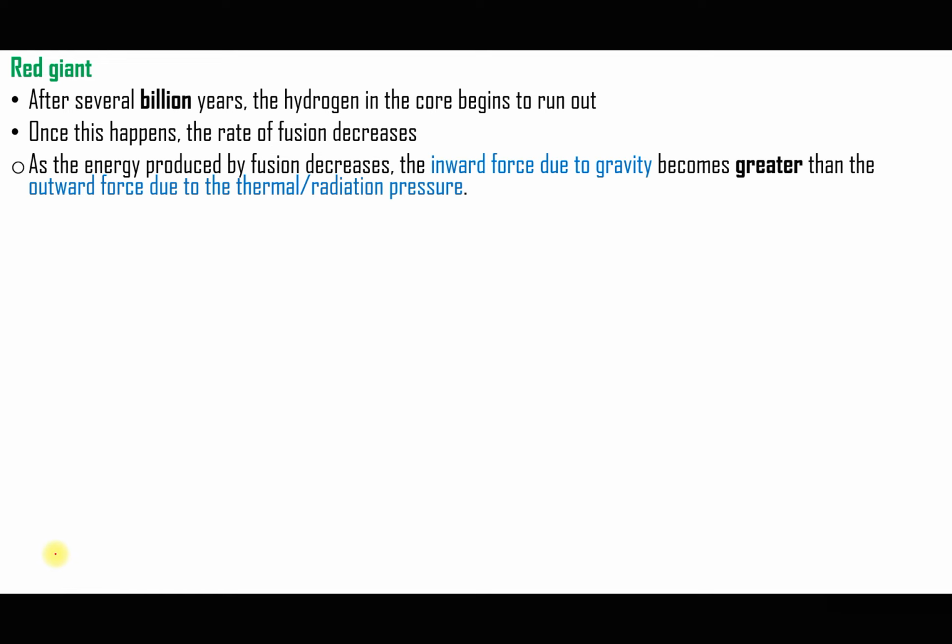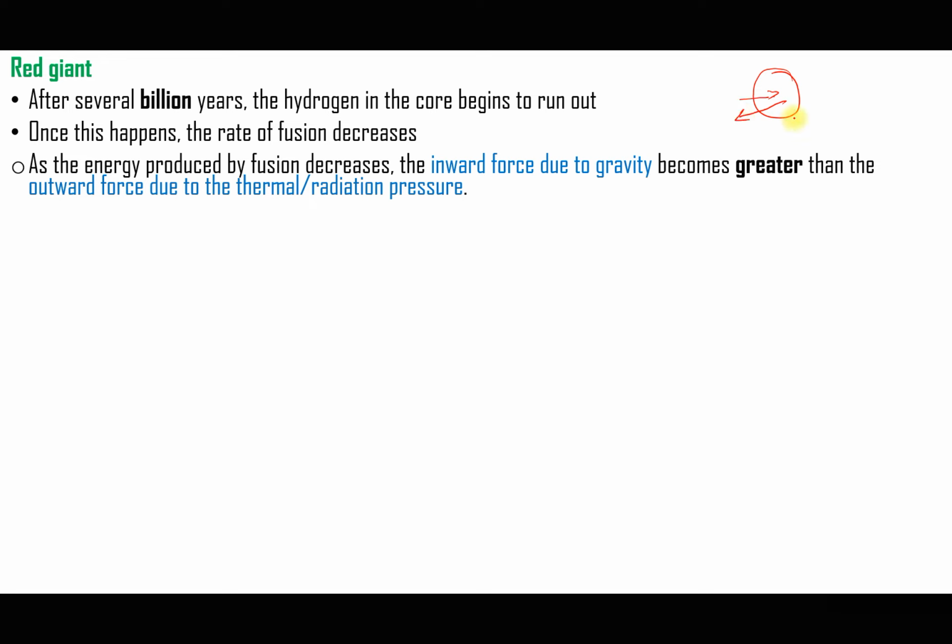And as the energy produced by fusion decreases, remember we said there are two forces acting when the star is stable: the inward force due to the gravitational pull and the outward force due to the radiation pressure.